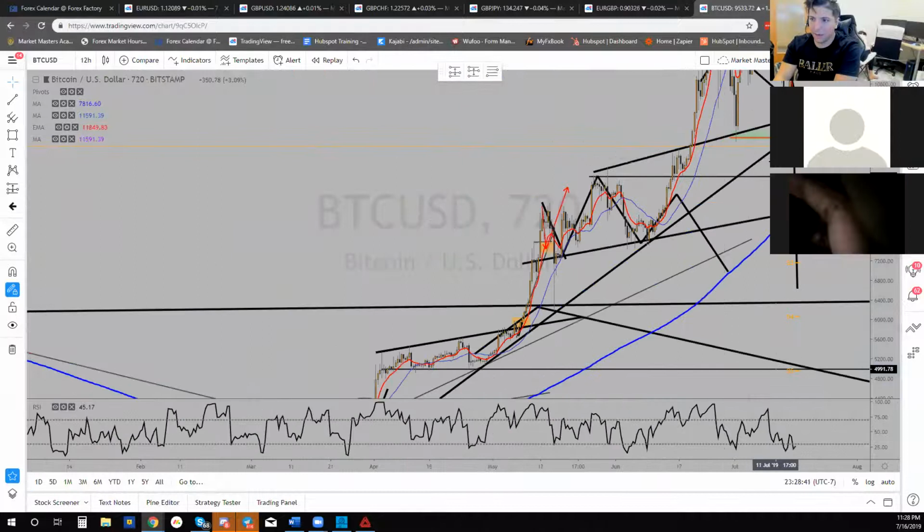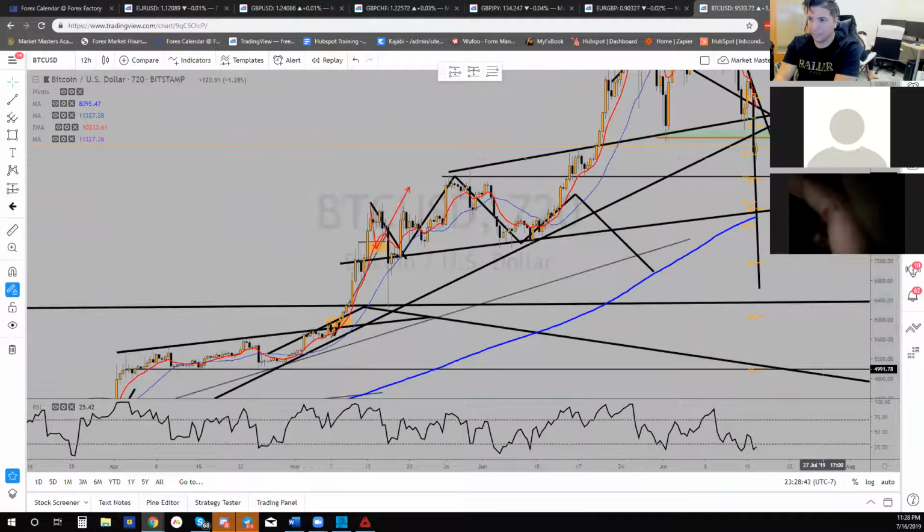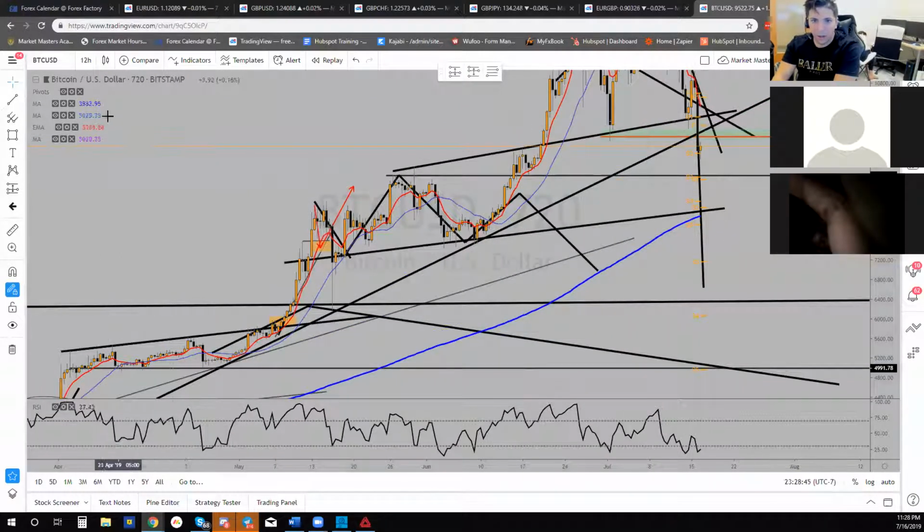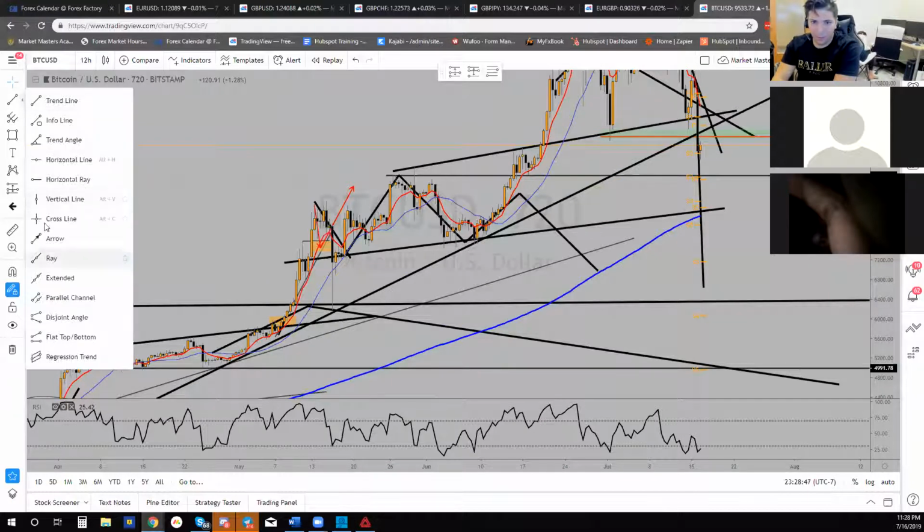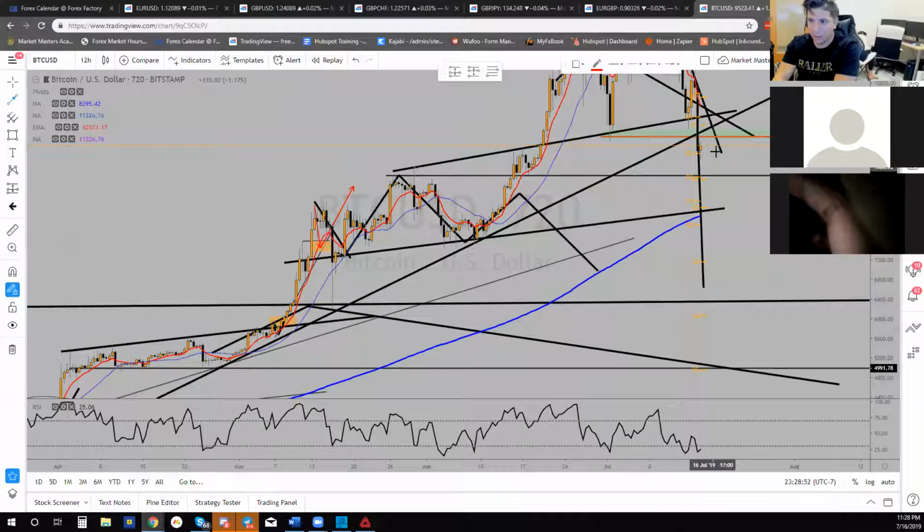Okay, yeah, price did break through that support. So what I think might be happening with BTC USD: drop down, come back, pull up, and then shoot down, probably having some reaction around this support area.